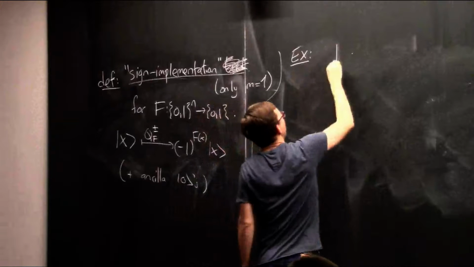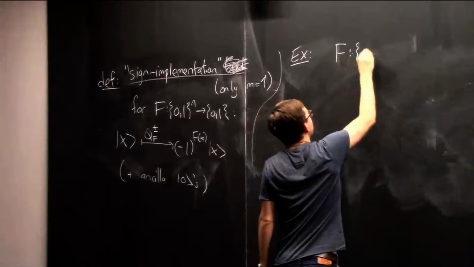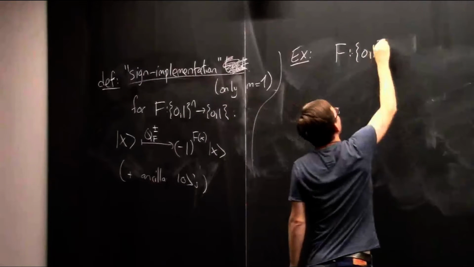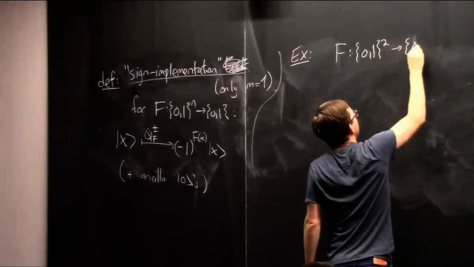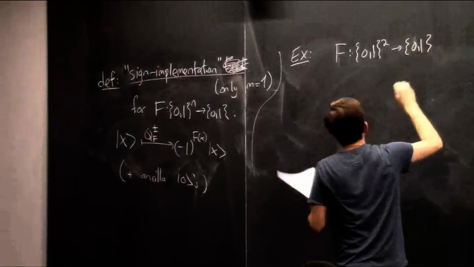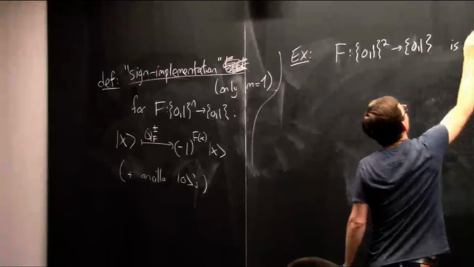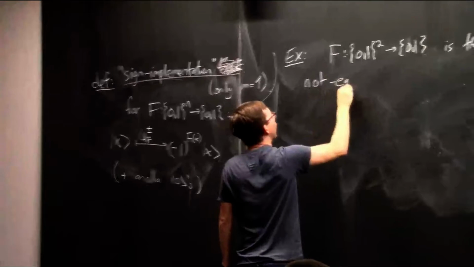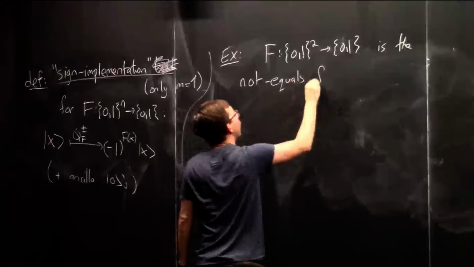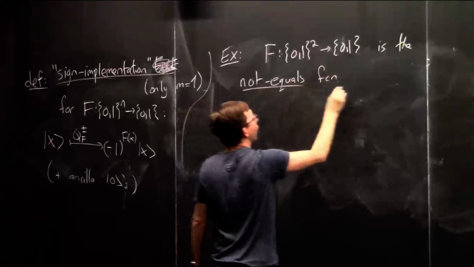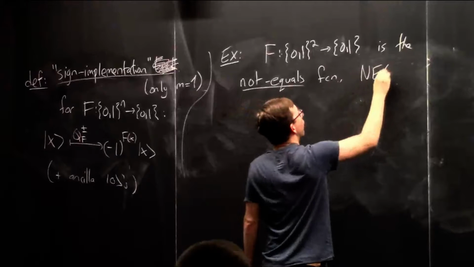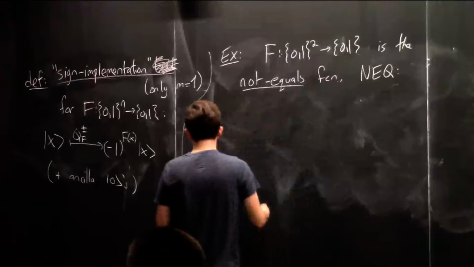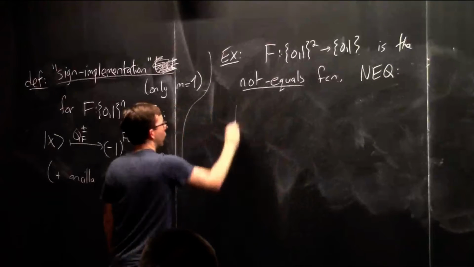Here's a simple Boolean function that takes 2 input bits. There's only so many interesting 2-bit functions. Let's say it's the not equals function, which I'll write as this. Right, so let's draw its truth table.